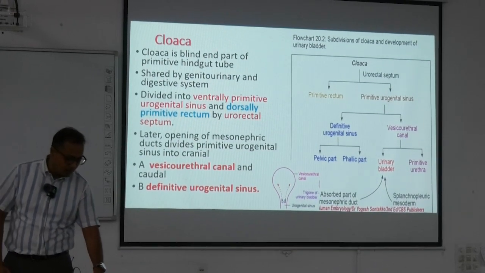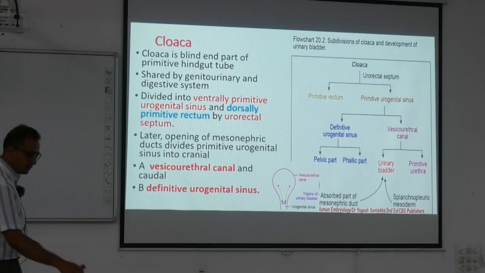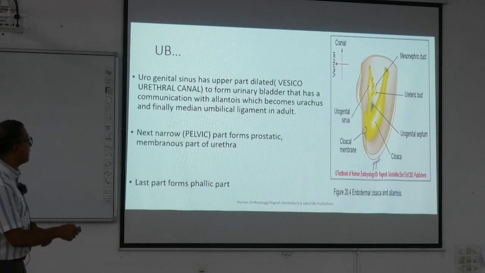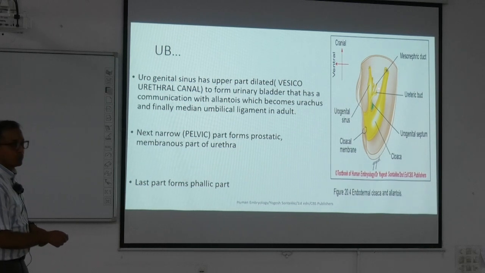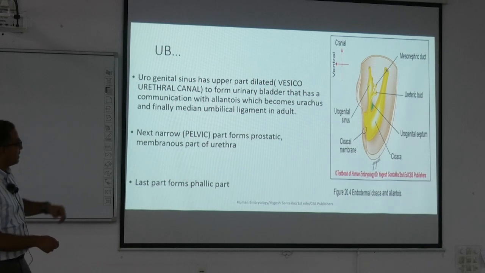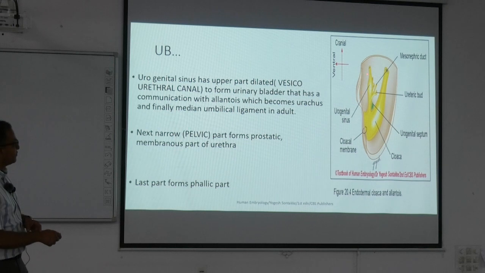So this cloaca, as you are seeing here, is split by mesodermal tissue into two parts. The front part we call the urogenital sinus, and the back side of the cloaca makes the anal canal. So we focus on the front or ventral derivative of the cloaca, which we call the urogenital sinus.